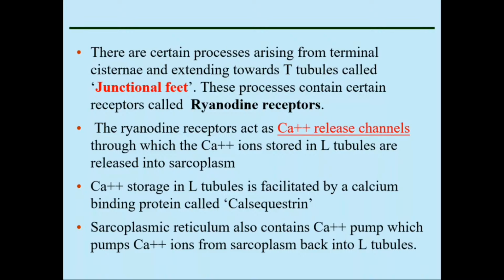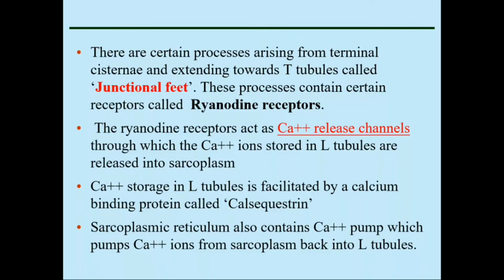The storage of calcium in the L tubules is facilitated by a calcium binding protein called calsequestrin. So this process helps in storing more and more number of calcium ions by binding to calsequestrin. You also might be knowing about some other calcium binding substances. If you remember, there is something called as calmodulin, which is present in the smooth muscle and many other structures.